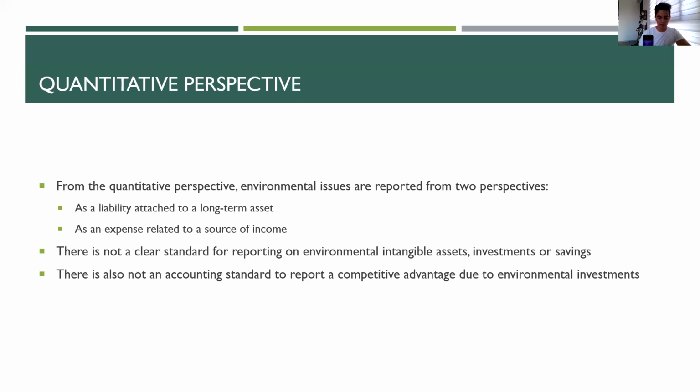Imagine that you are a company that is changing the way in which you produce energy, like electricity, and if there is not an economic impact, then it's not possible to report on that, which I think is wrong at some level. I think there should be something where companies can report intangible assets related to sustainability, and in this case environmental issues, and then the companies can be able to do something about it.